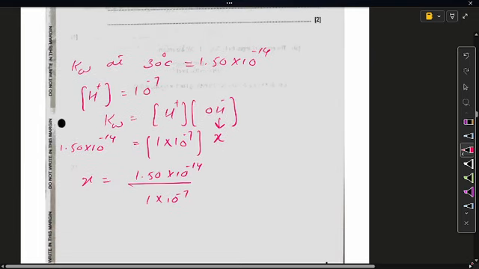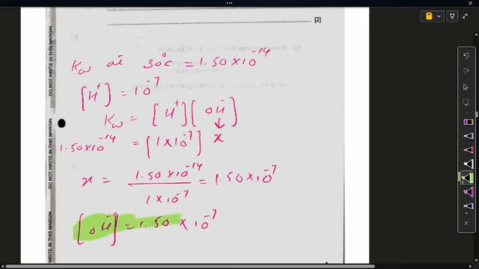That will become 1.50 times 10 raised to the power negative 7. That is the concentration of OH negative ions, 1.50 times 10 raised to the power negative 7.